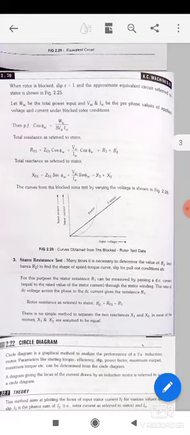If you subtract this resistance from R01, you will get R2 dash, which is approximate, because we are not considering any skin effect or proximity effect. We consider only DC resistance, but AC resistance is slightly greater than the DC resistance; here we are approximating to DC only.